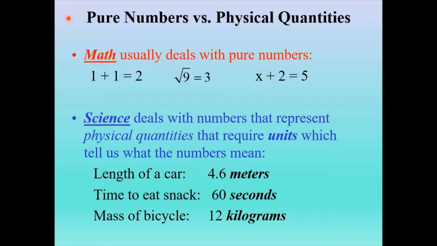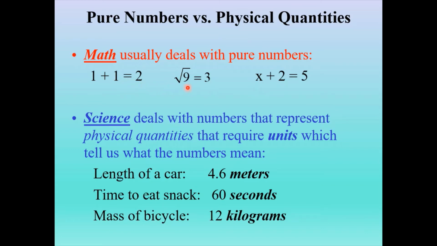So let's start by talking about pure numbers versus numbers used in science, which represent physical quantities. For example, in math class, you're almost always dealing with pure numbers. If we add 1 plus 1 to get 2, these are just numbers that we're adding.